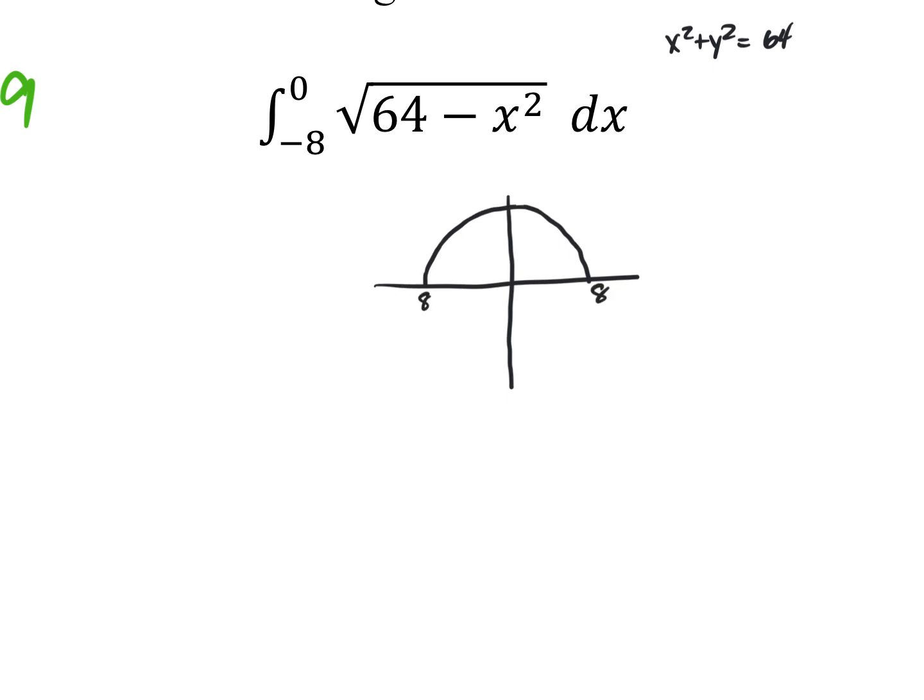So between negative 8 and 0, I'm basically trying to calculate this area. Now, I don't know how to integrate the square root of 64 minus x squared, but I know that the area from negative 8 to 0 would be pi r squared, which is pi times 8 squared over 4, because it's 1/4 of a circle.